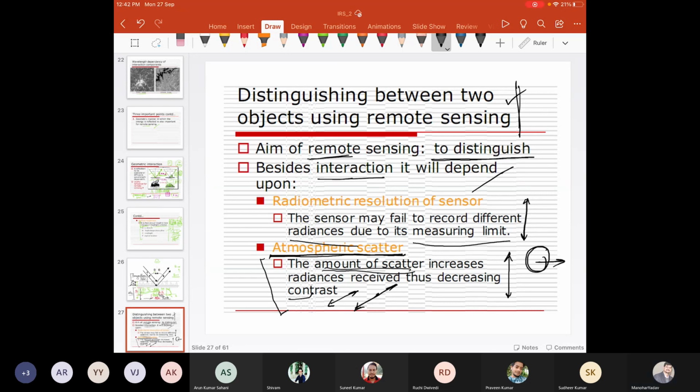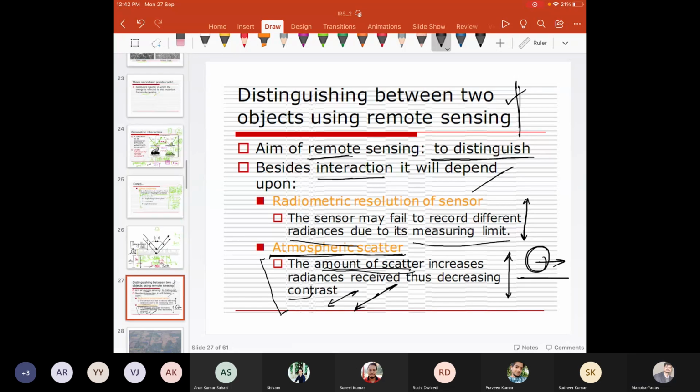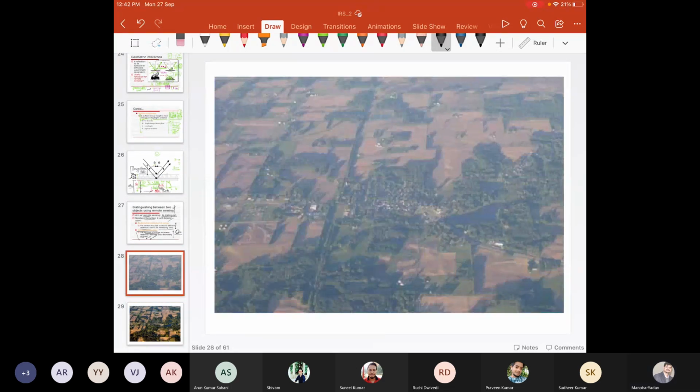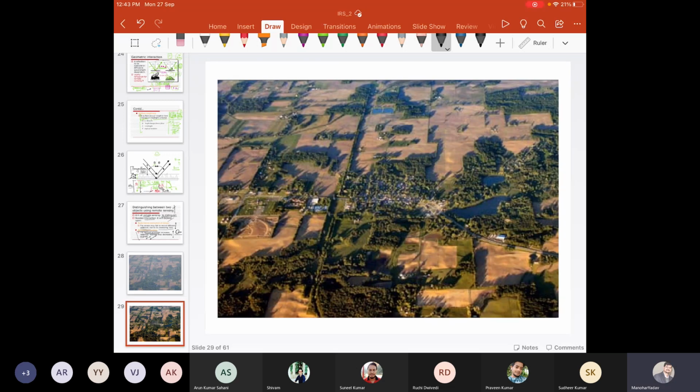If you remember, we talked about two manifestations of Rayleigh scattering. The first one is the blue color of the sky, and the second one is the haze effect in the image. Just see over here, this is the first case. You can see it is a kind of layer over the image, while this is clear.